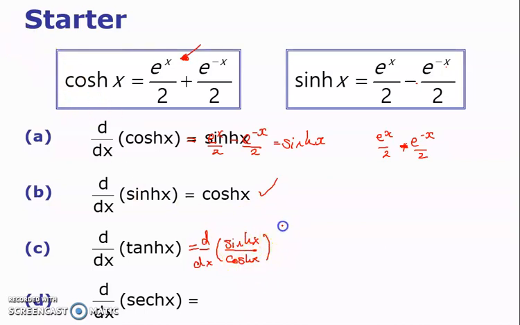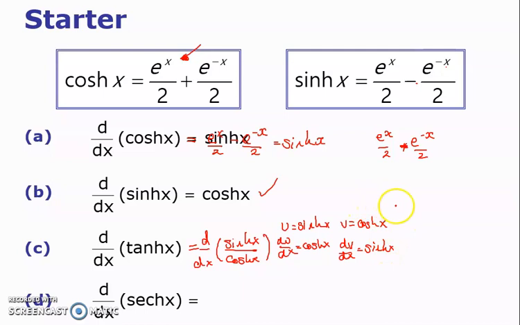So my u equals sinh x, and my du by dx is cosh. My v is the bottom one, which is cosh, and therefore dv by dx is sinh. The great thing about differentiating sinh and cosh is you don't get any negative signs. They just stay with the sign whatever they're at now.